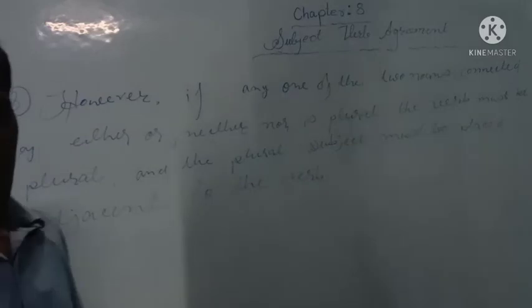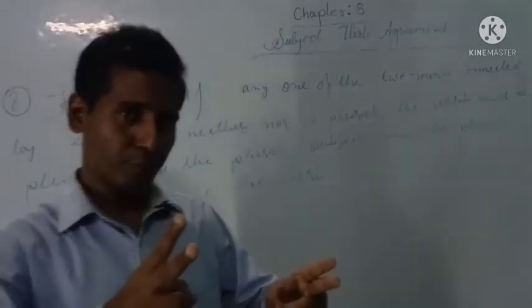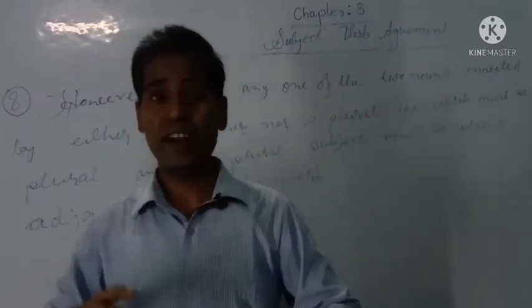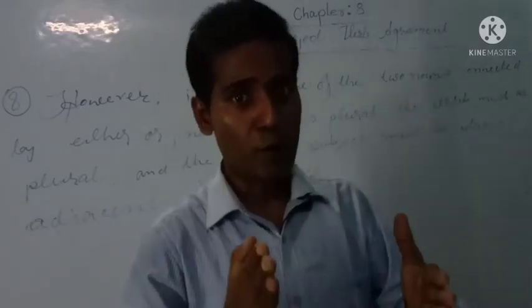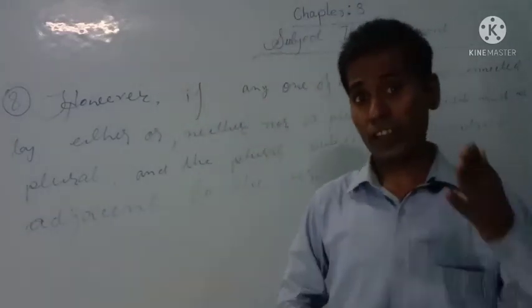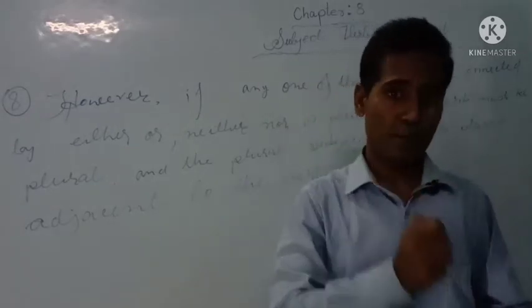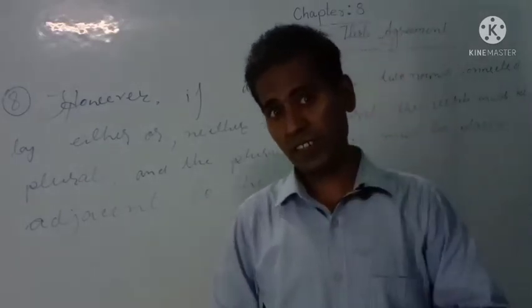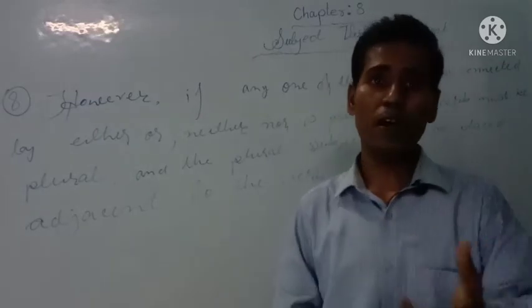Okay, now see what you got in this rule. If any one of the two subjects or any one of the two nouns connected by either-or or neither-nor is plural, then the verb must be plural and the plural subject must be placed just before the verb or adjacent to the verb.